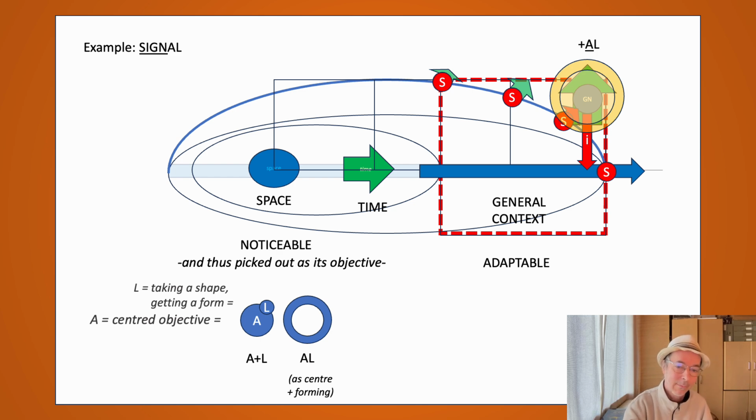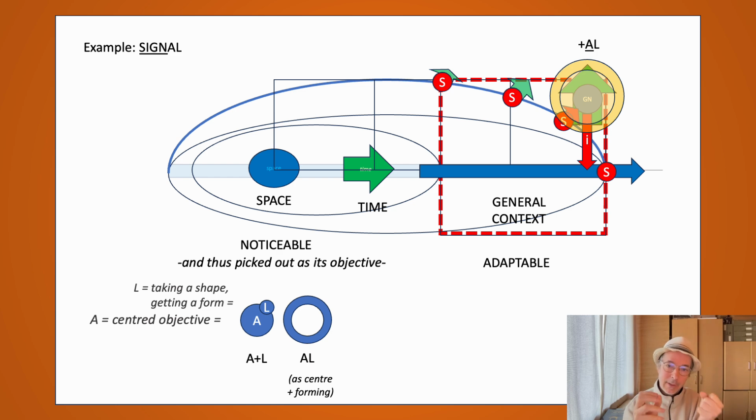A plus L becomes L. So this L is this surrounding form. There's getting more form around the A. That's how you can associate it. If I put that at that reference frame of the sign, I can see already that the signal is showing its form.